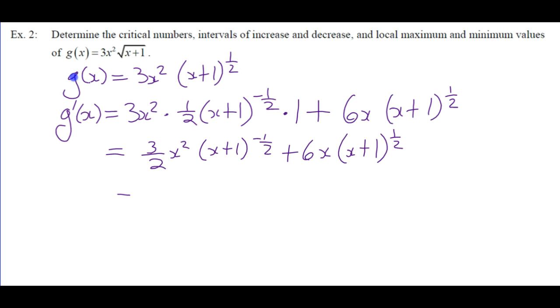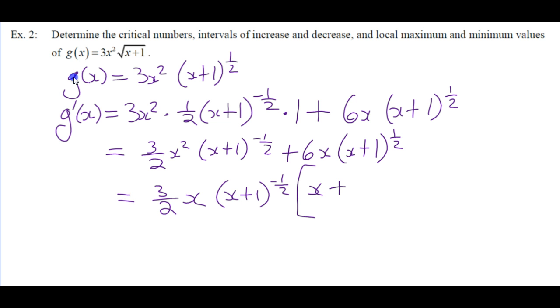Okay, so let's get that 3/2 out of there, and let's get an x out of there, and let's get an x plus 1 to the negative 1/2 out of there. That's going to be my common factor. So that leaves me with, in this term, everything except that's just an x, so there'll be an x here. Plus, I need 3/2 times something gives me 6.